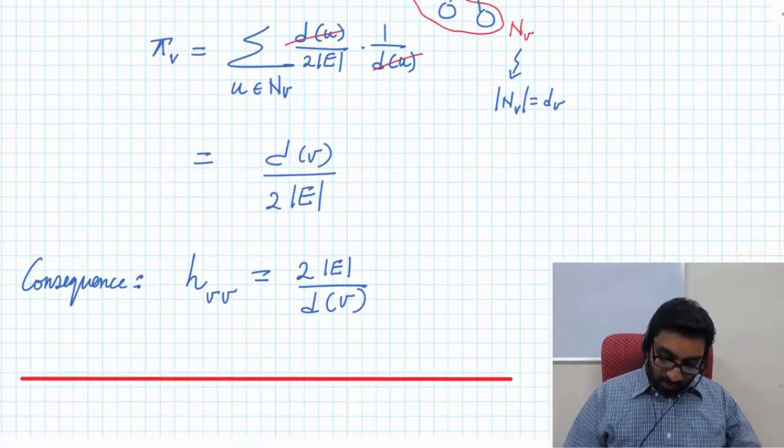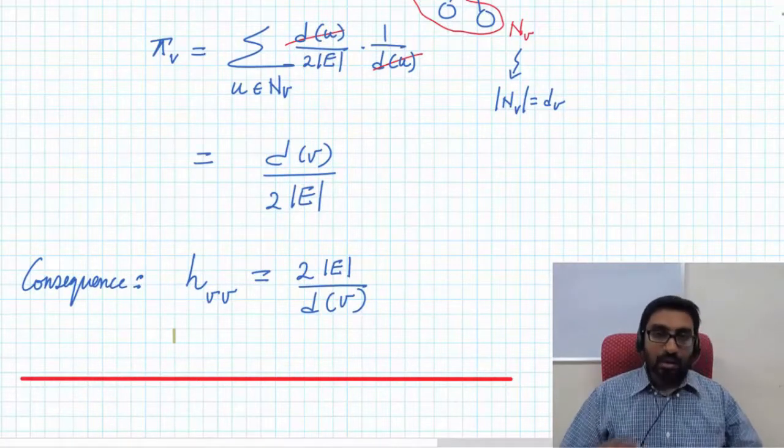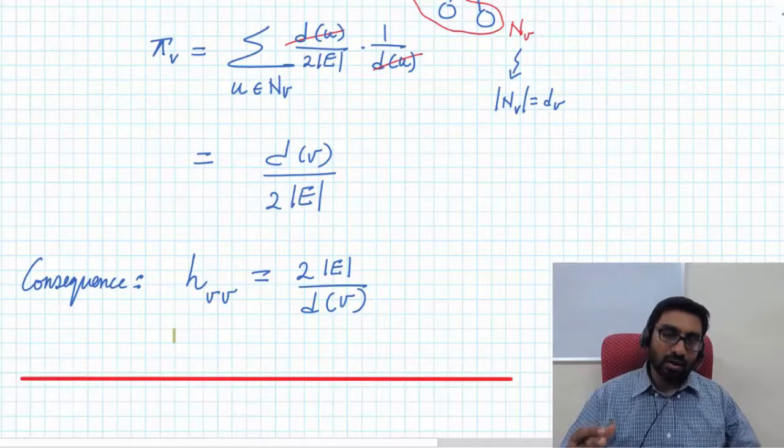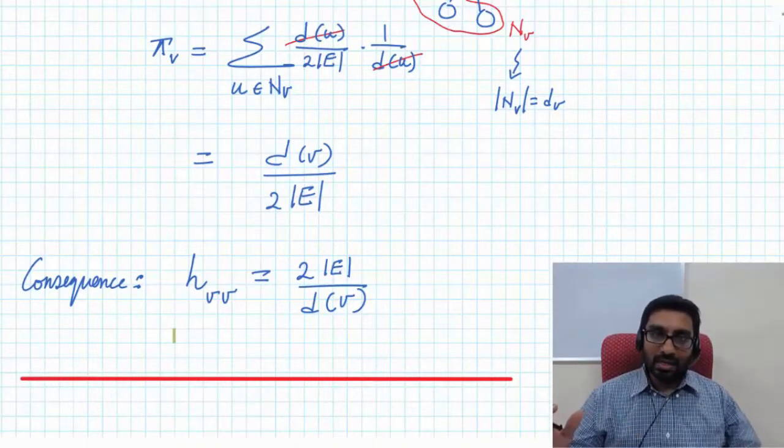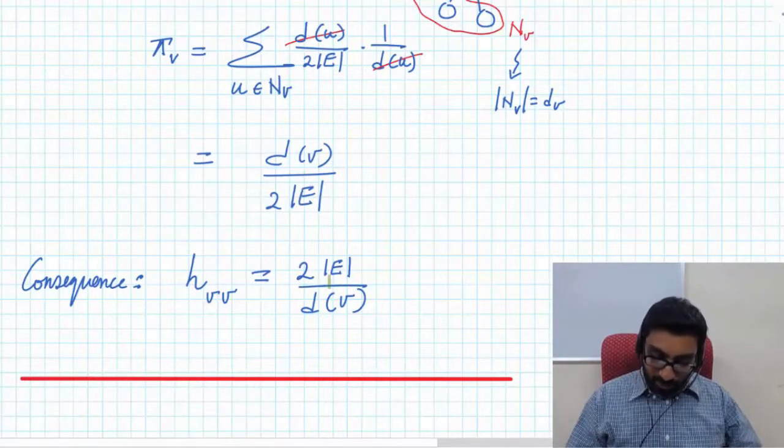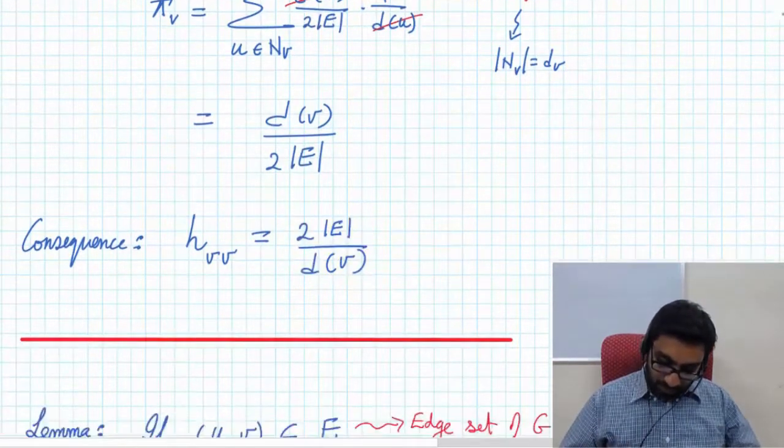And of course, we can immediately conclude that the expected time for a random walk to leave v and return back to v is the reciprocal of pi_v, which is 2e over d_v.